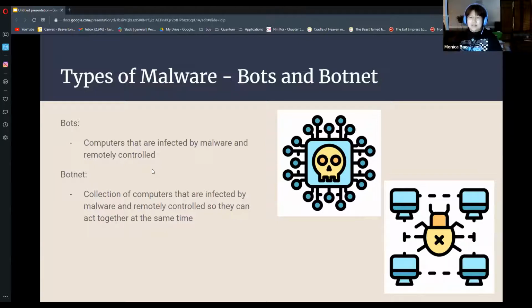And a botnet, which is related to bots, is a collection of computers, a collection of these bots that are infected by malware and remotely controlled so they can act together at the same time. So usually there's one bigger figure, a grandmaster, controlling this whole organization of bots.